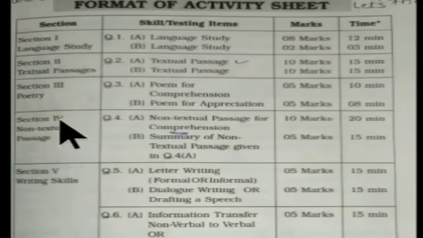In this way, section number 4, non-textual passages, has a marking system of 10 and 5, a total of 15 marks, and you have to attempt this whole question in 35 minutes.